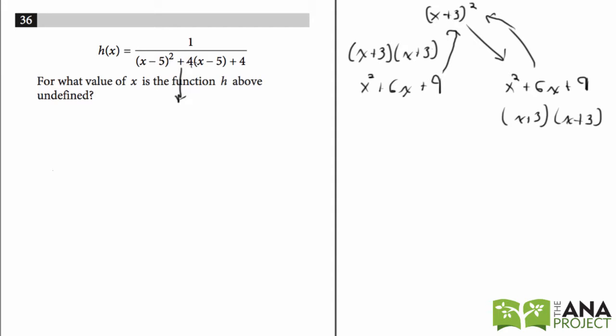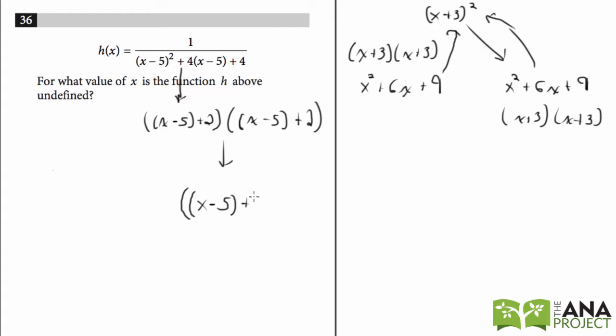x minus 5 squared plus 4 times x minus 5 plus 4. We can actually factor it to x minus 5 plus 2 times x minus 5 plus 2, or x minus 5 plus 2 squared.